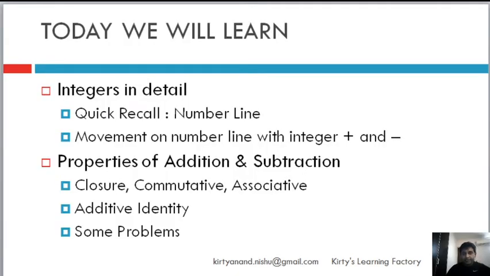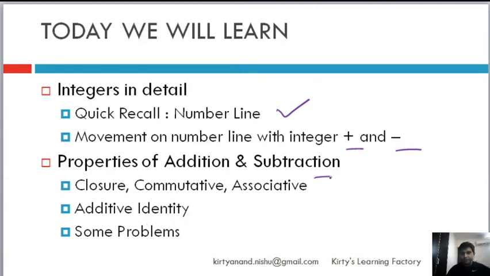Today, like I said, first we will revise a little bit. We will quickly recall the number line, then we will recall the movement on the number line with positive integers and negative integers, and then there are a few properties of addition and subtraction: closure, commutative property, associative property, additive identity, and then we will do some problems.